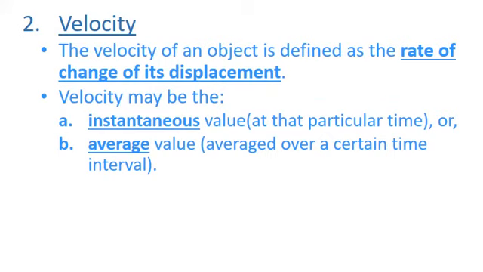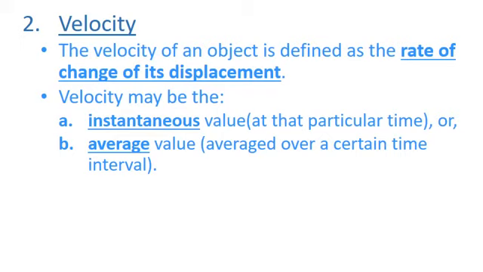Another important property of a moving object is its velocity. The velocity of an object is a vector quantity, which means that you need to specify its magnitude, or how fast the object is moving, as well as the direction. The direction tells us the direction of motion of the object at that particular time instant.